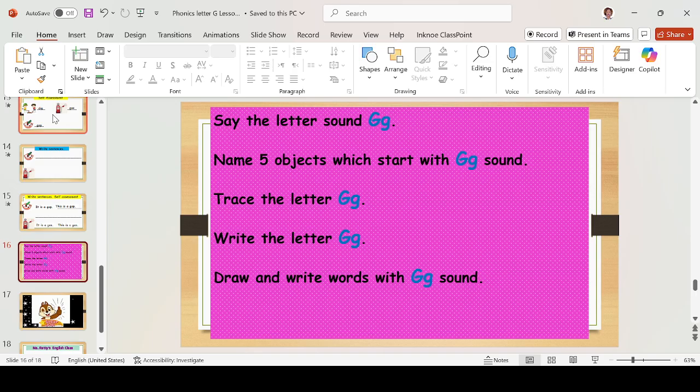I just want you to draw the boys digging or girls digging and write the word dig without copying. Draw the gas tank and write the word gas without copying. Draw your teeth with a gap and write the word gap, okay, without copying. I want you to have more practice so that you can be able to write the words without copying, okay?